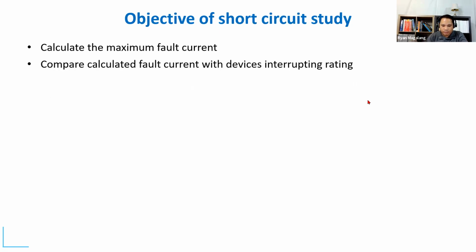So I have listed here two reasons or objectives why we would calculate short circuit currents. You have to calculate the maximum fault current and compare it with the device interrupting rating.